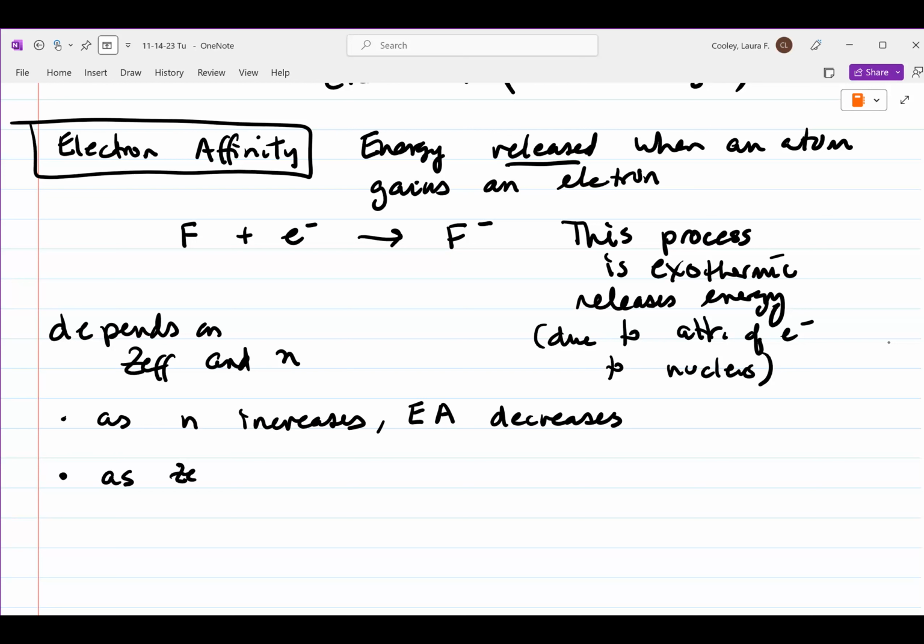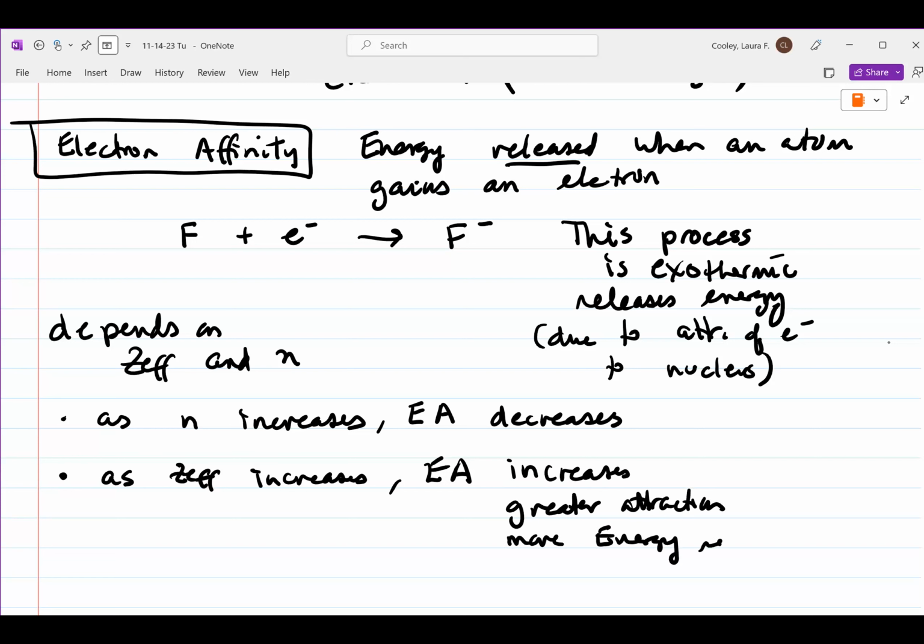Also, as the effective nuclear charge increases, what happens to the electron affinity? Now you have a greater positive charge experienced by an outer electron. That means the electron affinity goes up because that attraction is stronger, so more energy is released. Which reminds me, I didn't tell you one thing.